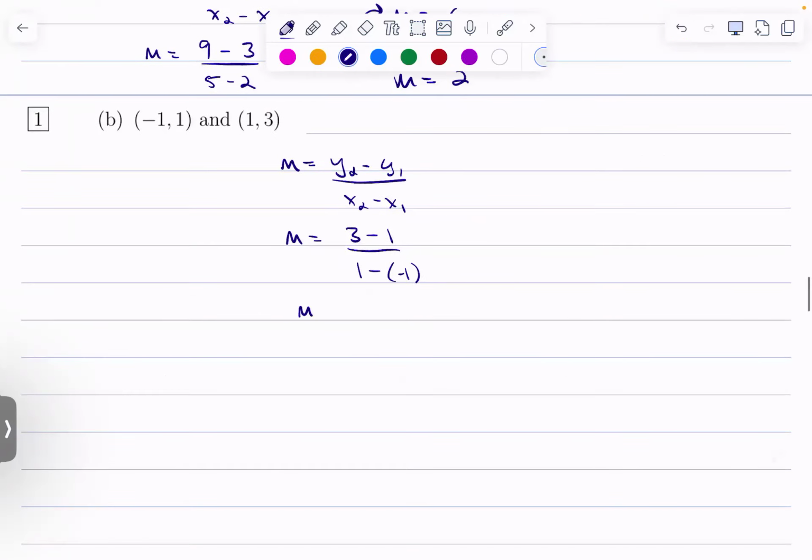Get a slope of 2 over 2. Gives me a slope of 1. You could probably do these faster than me, I'm talking about them. And that's got to feel good.